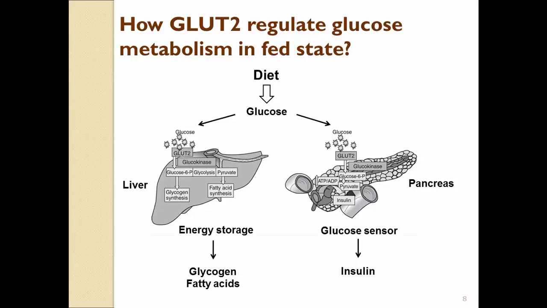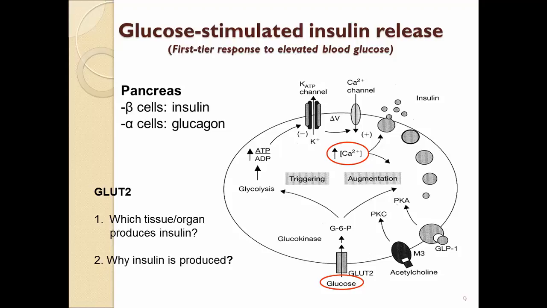In the liver, it transports glucose from circulation for glycogen synthesis, stored as energy. And in the pancreas, GLUT2 transports glucose to stimulate insulin release, the so-called first tier response to blood glucose levels.